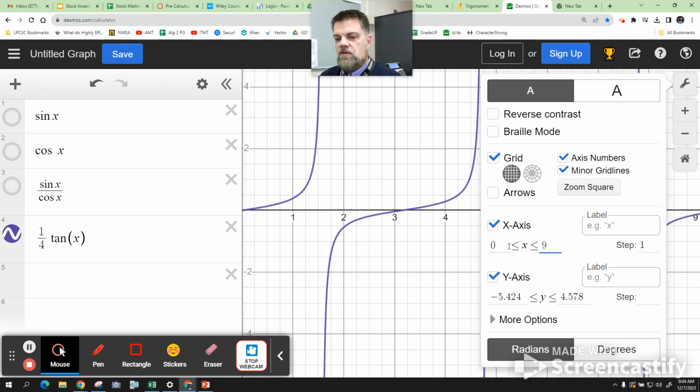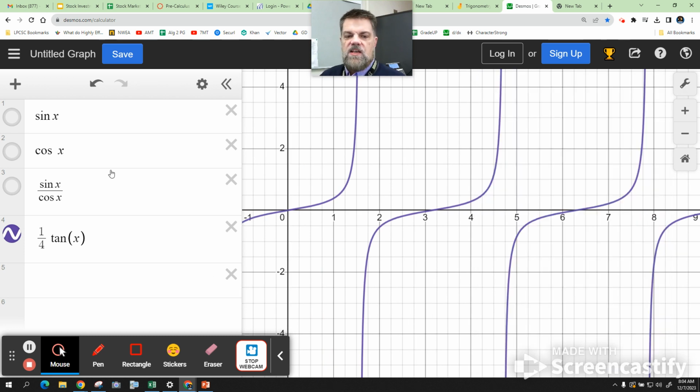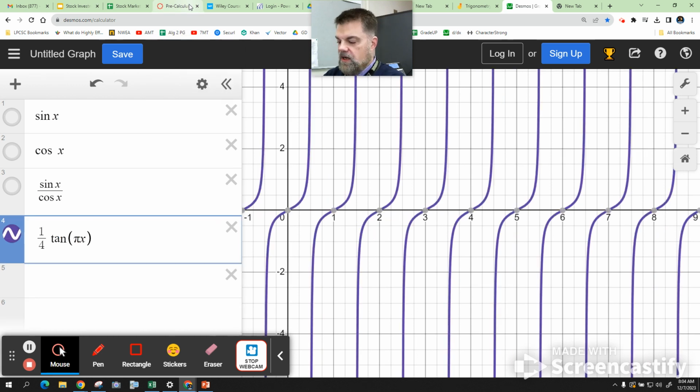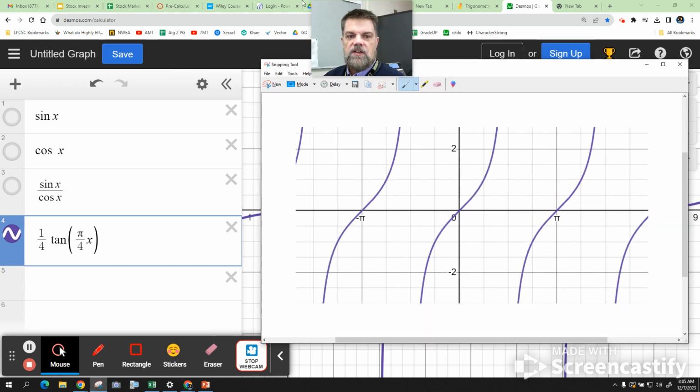Actually, I'll go from -1 to 9 so we can fit it in. Okay. All right. And so then when I put in pi divided by 4, that's it, right? So that is the graph.